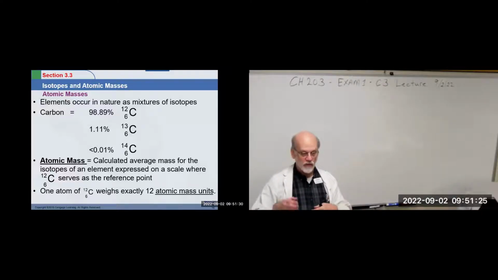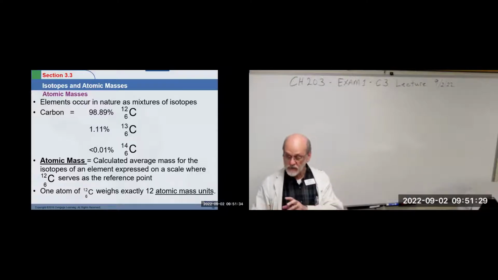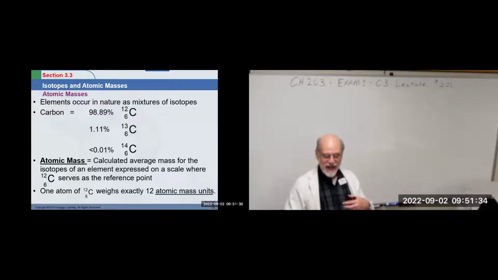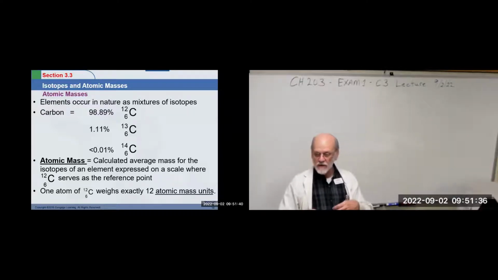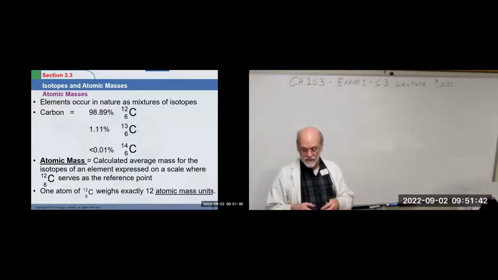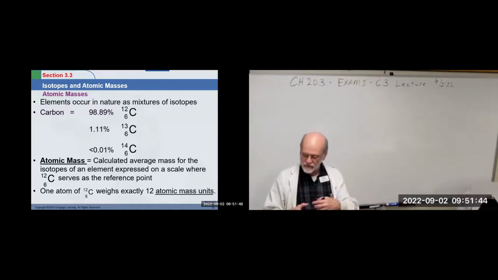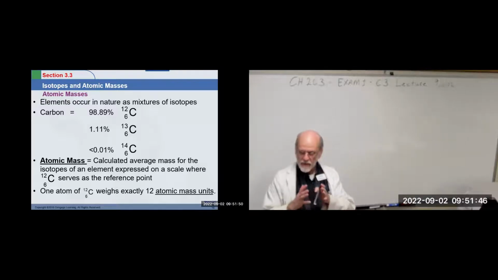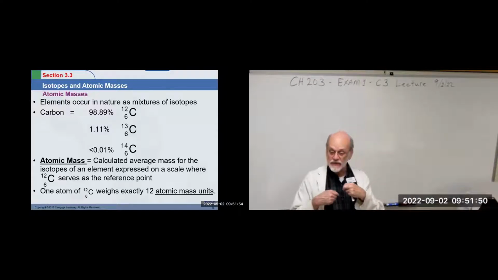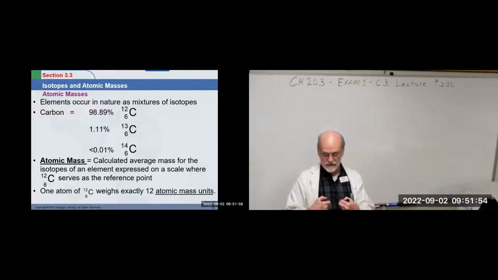The mass number is always a whole number because it's the sum of so many protons and so many neutrons. The atomic mass is a weighted average of the masses of the isotopes. And the isotopes can have a mass number that's a whole number, but the individual masses of the isotopes will not be the whole number.